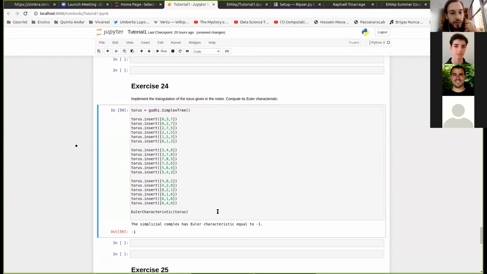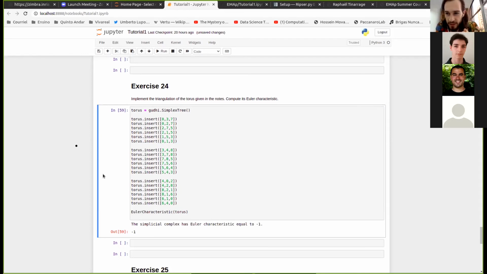So what I get is a simplicial complex that has a Euler characteristic of -1. Do you obtain the same? Does it mean the torus has one hole? Or it has nothing to do with it?